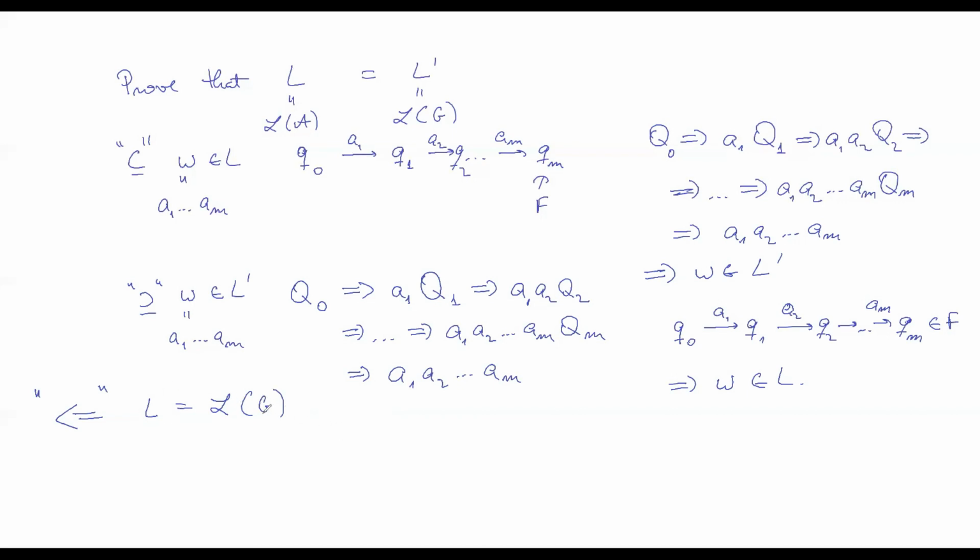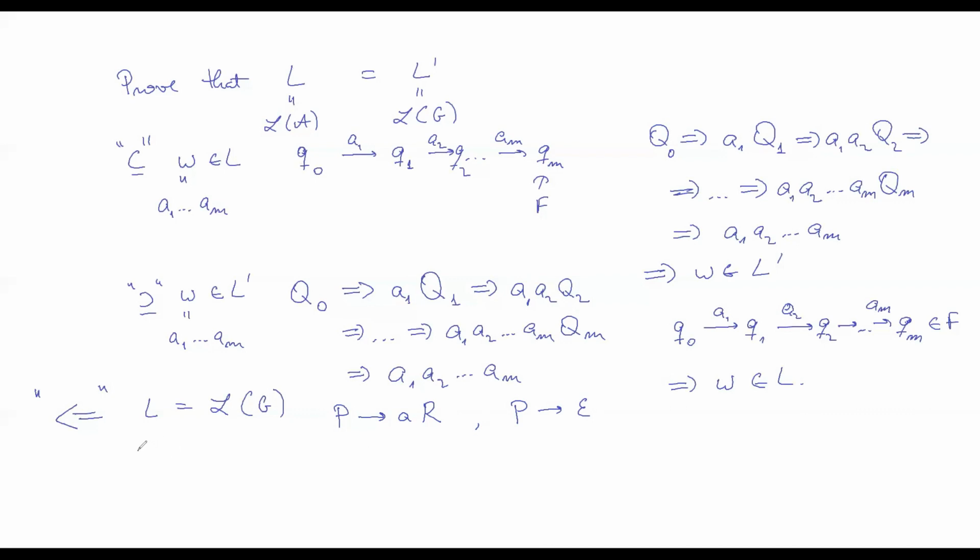So I can just as well assume that this is the grammar already in the canonical form, which really means that you only have productions of this type, P goes into A R, and you have productions of type P goes into epsilon. So that was the canonical form.